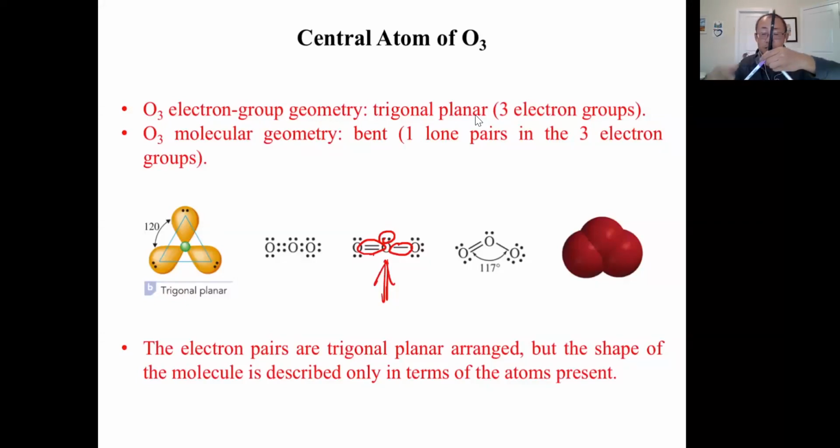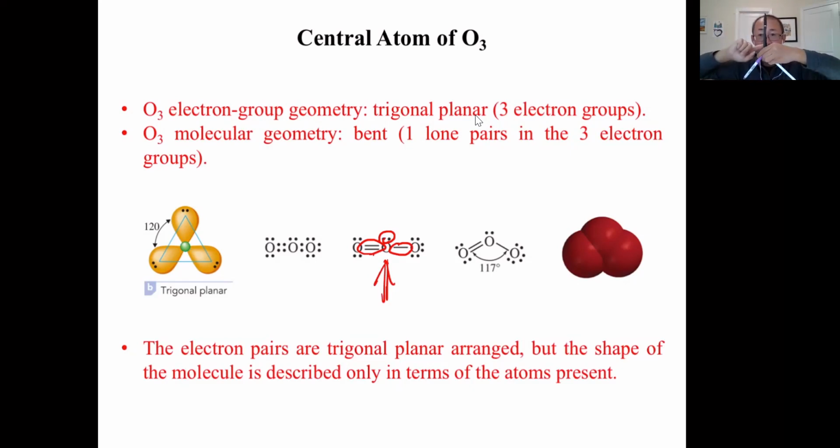So with three groups, we know the geometry of these three groups should be trigonal planar. However, one of these three groups, the lone pair, is just a pair of electrons. That means there's no bonded atom on it.